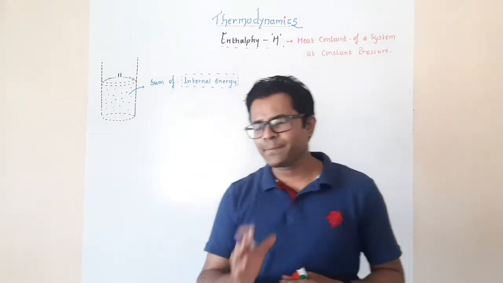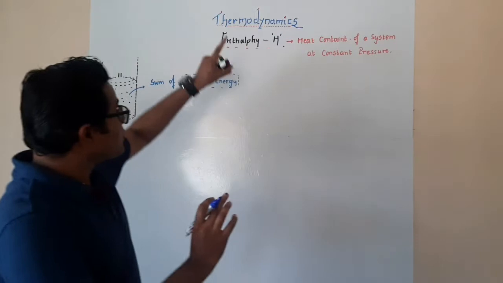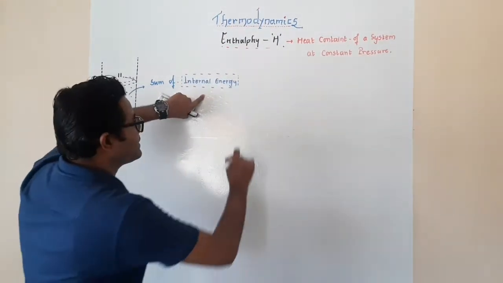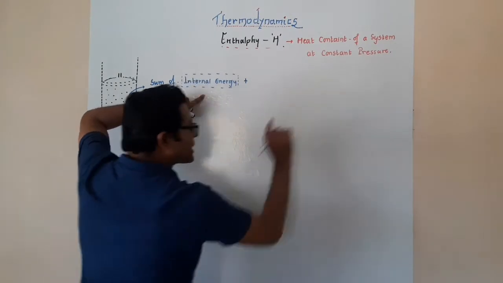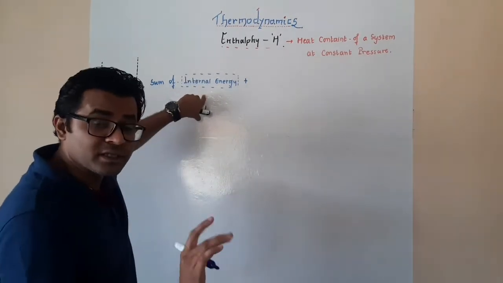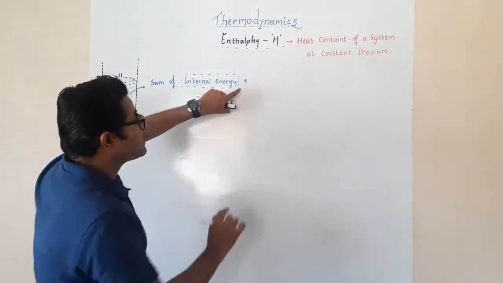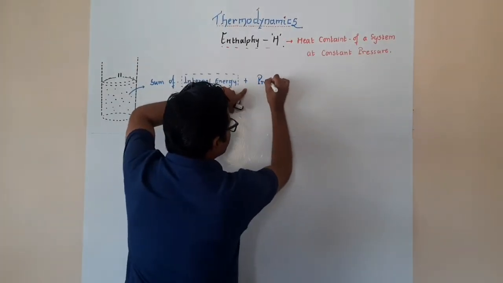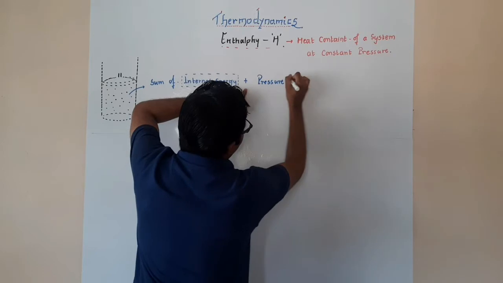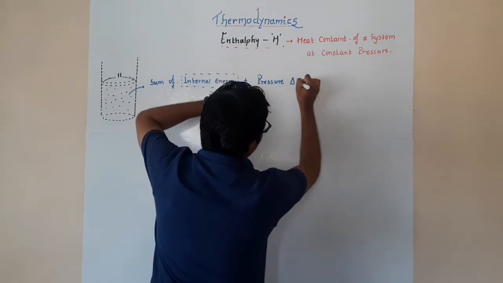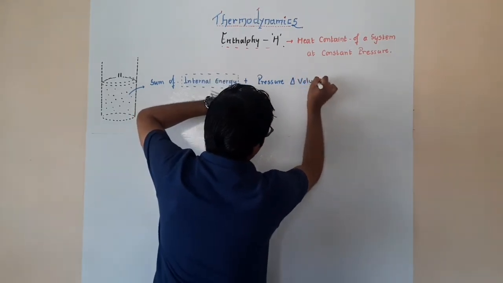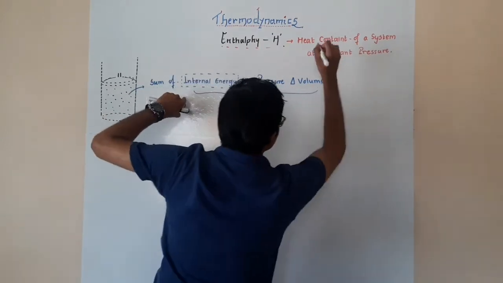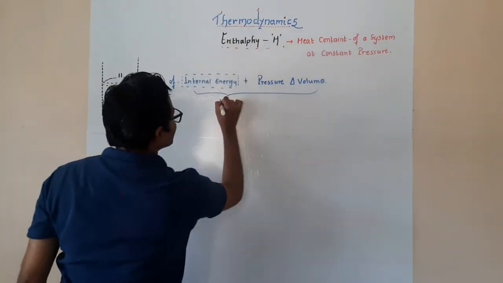Enthalpy is the sum of internal energy and the product of work done, that is, with respect to the pressure and change in volume. This combination gives rise to enthalpy.